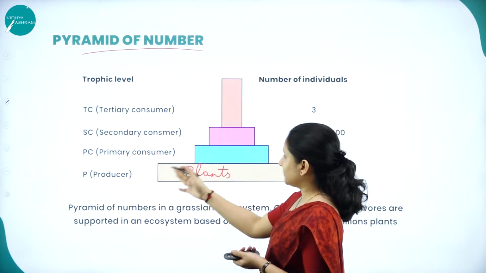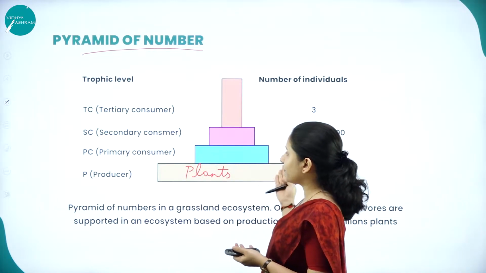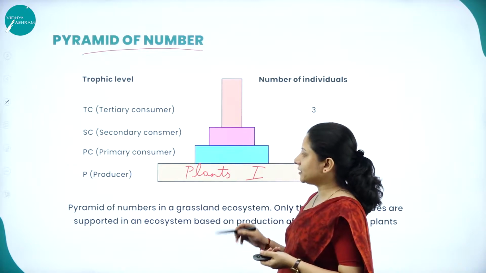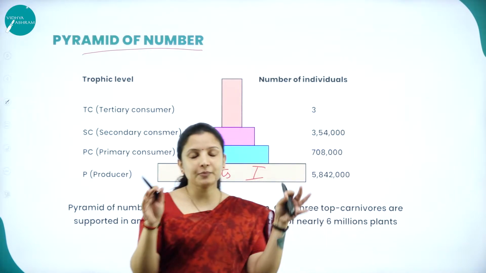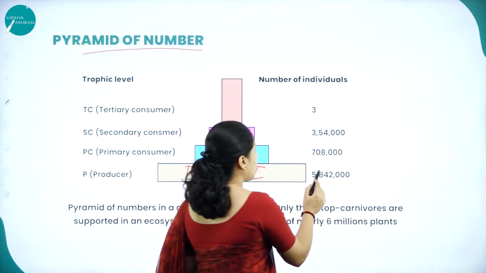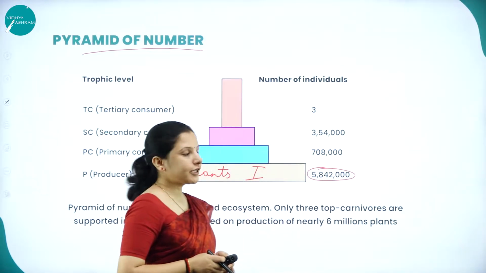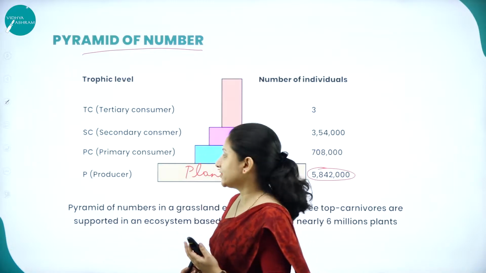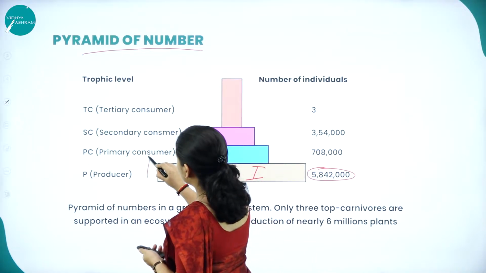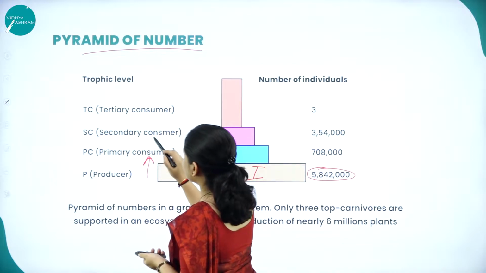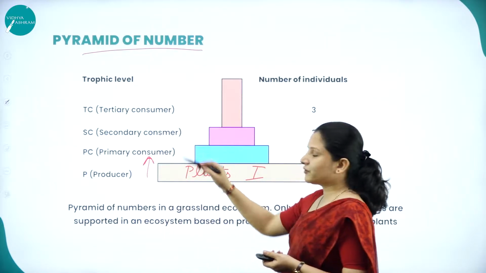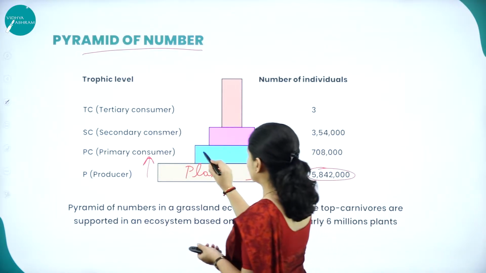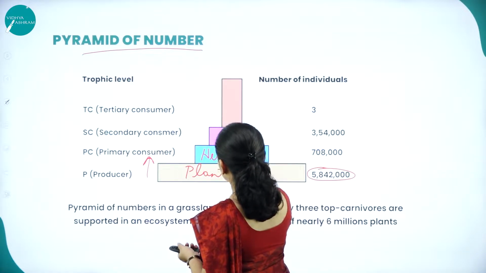So say for example, here the first trophic level is occupied by the plants. In that particular area, there are about 58,42,000 plants, that is the producers, present. And moving to the next trophic level, the plants will be eaten by the primary consumers, which are the herbivores.